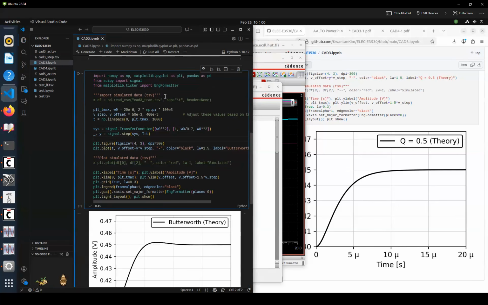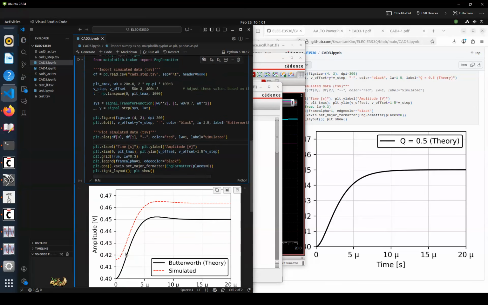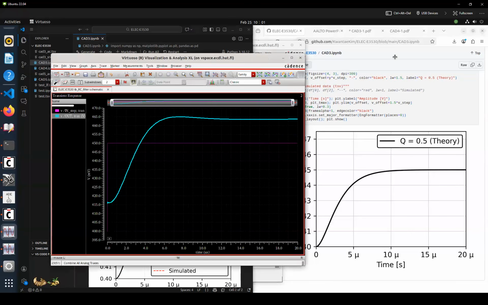It looks like this. This is the theory. And let's say step. And here. Then there are some deviations for the DC starting point, right? So you need to manually match it.